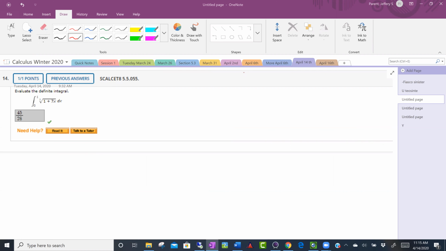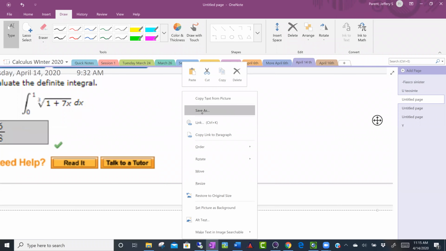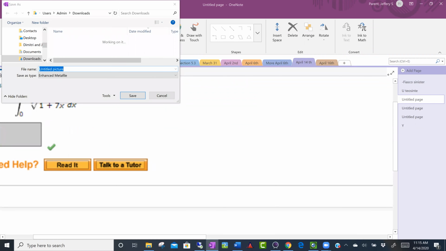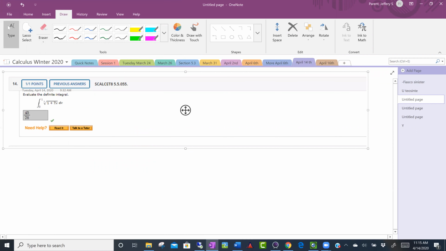Square root of, actually, is that a cube root? I think so, yeah. Yeah, it's a cube root. All right. So let's go back and do this one. Cube root of 1 plus 7x dx.